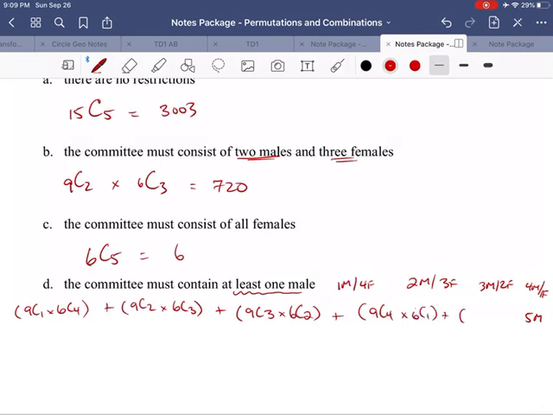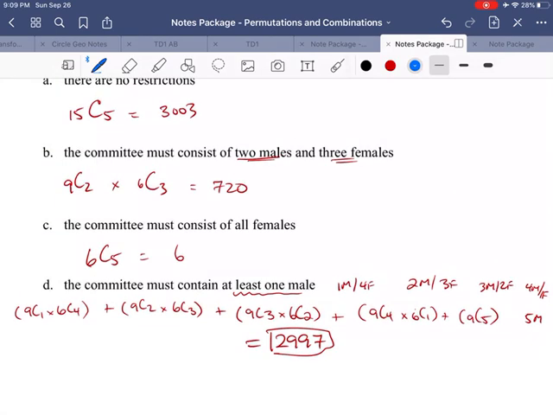And our last scenario, we are choosing 5 from the 9 males. So that gives us 2,997 ways. Now there is another way to think about this problem: if we figure out the total number of combos and subtract the number that are all female, you get the same answer.